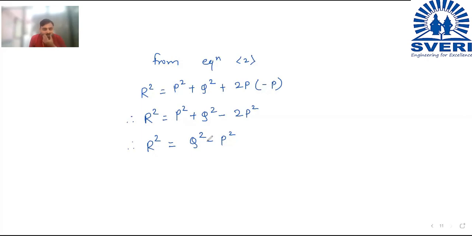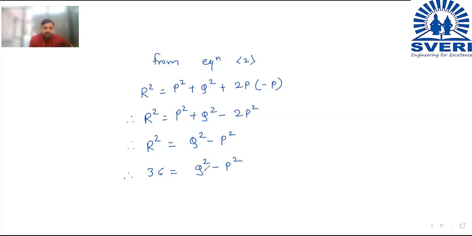Okay, so q square minus p square means what? It is r square. If I put the value, r is 6, so it is 36 is equal to q square minus p square. I have written directly here 36. The value of r is 6, if we square r, what will come? 36 will come.